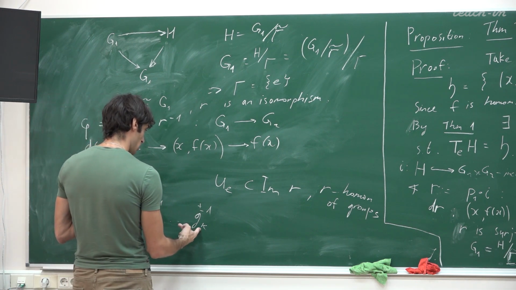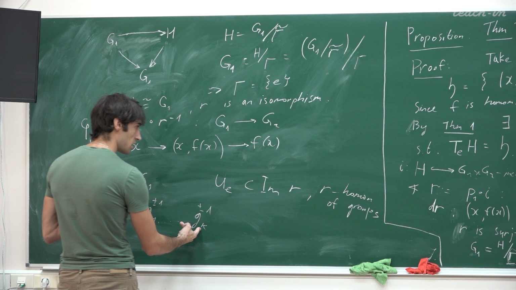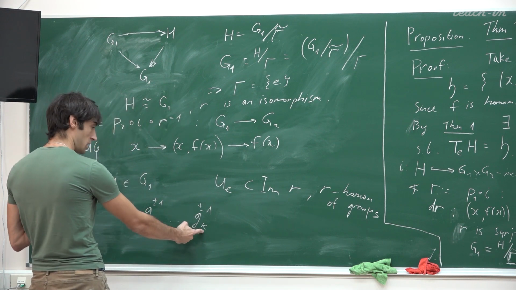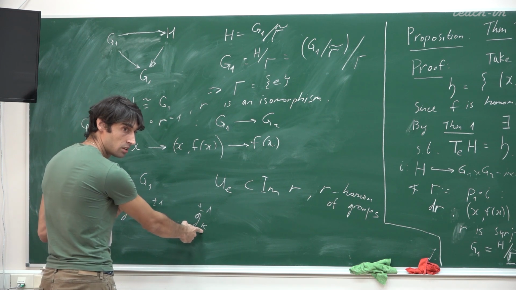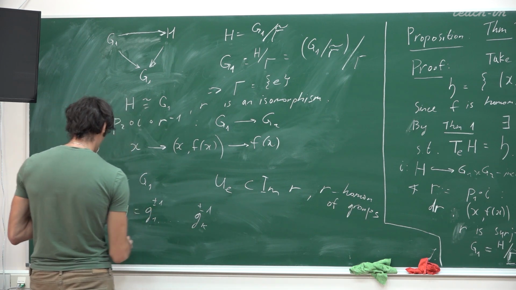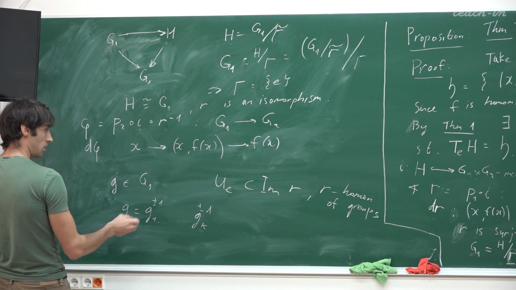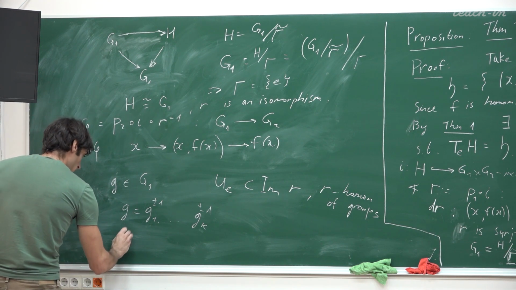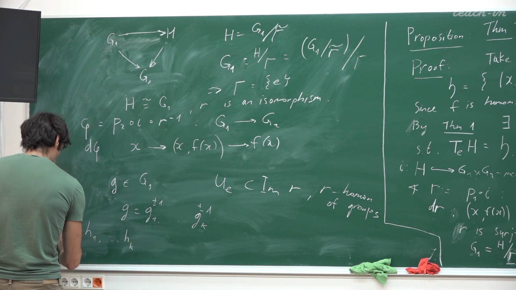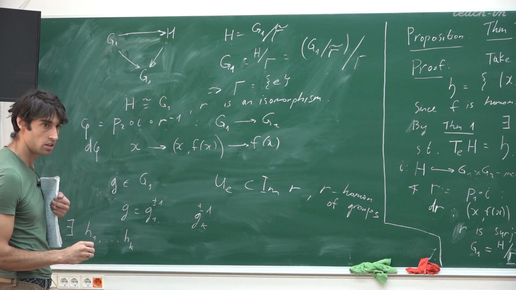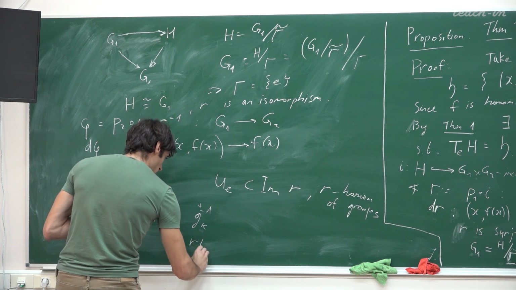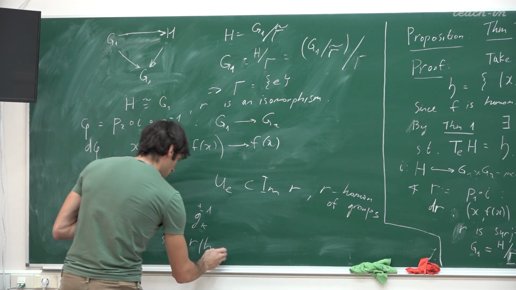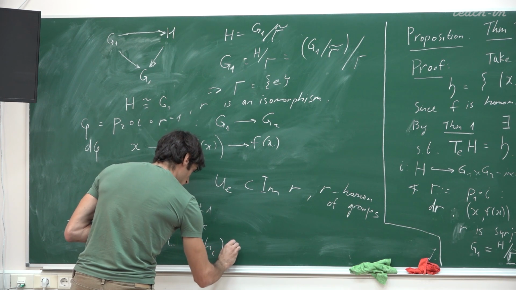Each of these does have a pre-image under R. So there exist H1, through Hk such that R of Hi is Gi.